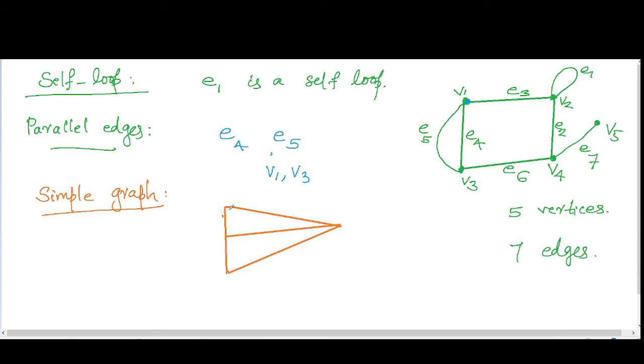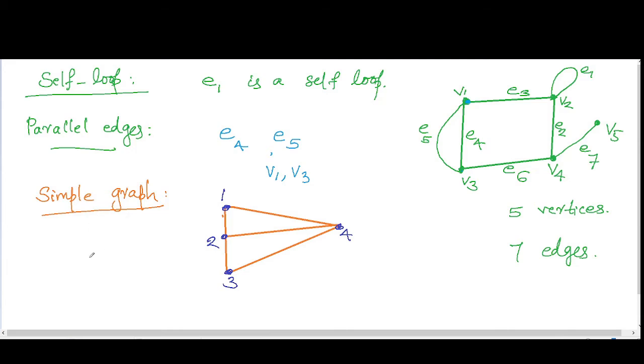Now in this figure, here is one vertex, here is one vertex, here also and here also. Now we can name them as 1, 2, 3 and 4. In this figure there is no self loop and no parallel edges. So this is a simple graph.